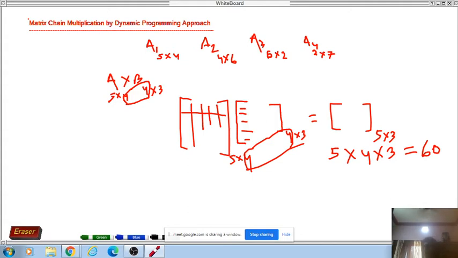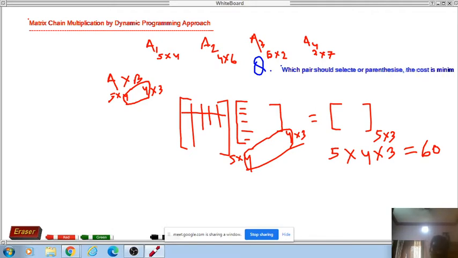The objective of learning matrix chain multiplication is: which pair should be selected or parenthesized so that the cost is minimum, because we are always discussing a cost function. Cost is minimum, that is the objective.